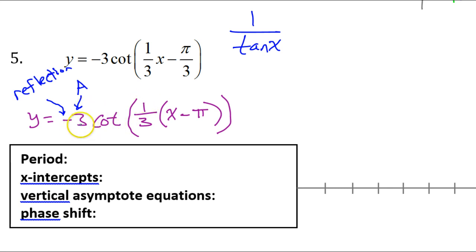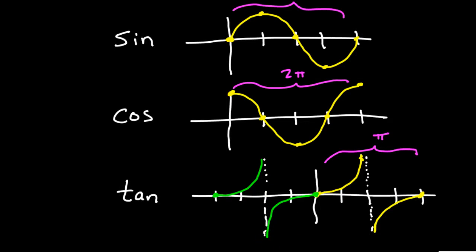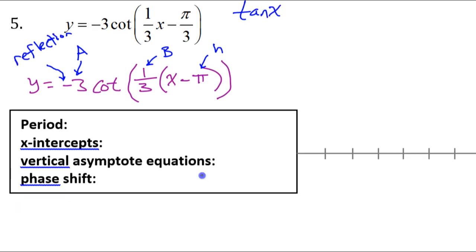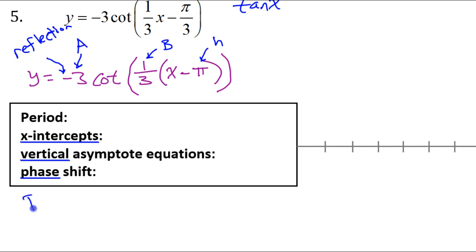Though it is not the amplitude, because cotangent, like tangent, goes up and down forever, so there is no amplitude. But I digress. This is the b value, which will affect the period, and this is the h value, which is a phase shift.